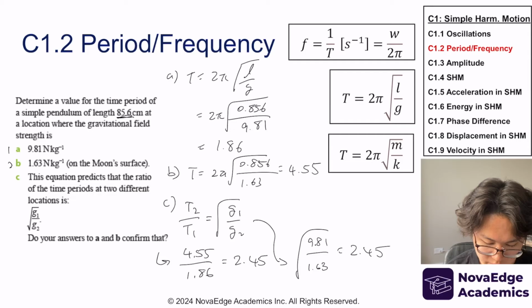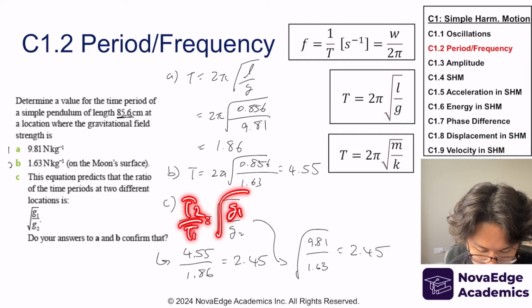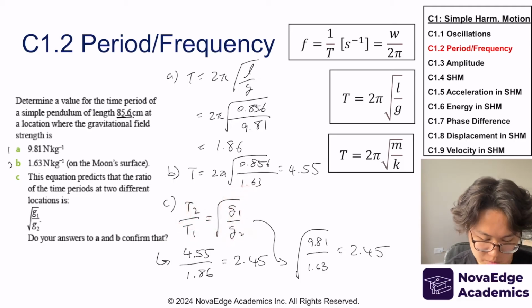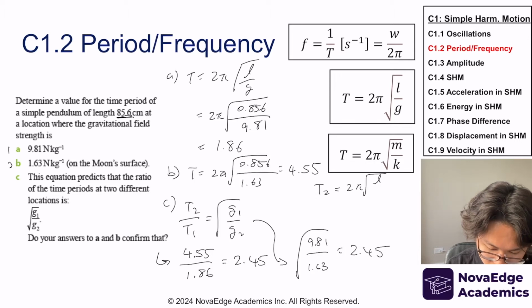Now, why do you say that I did T2 over T1 is equal to the square root of G1 over G2? Well, it comes with the derivation. If I divide the two, T2 is equal to 2 pi square root of L over G2, and T1 is equal to 2 pi square root of L over G1, right?